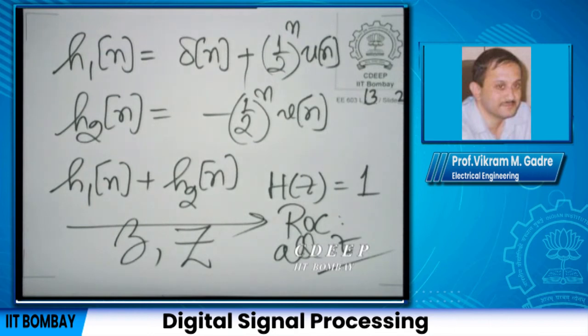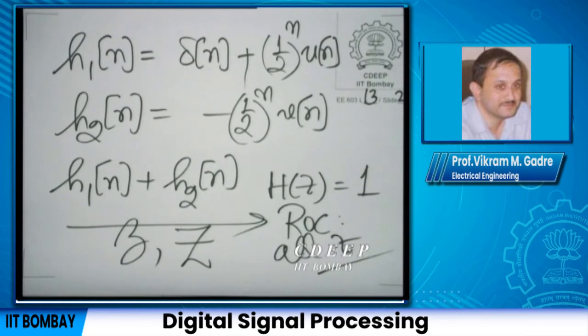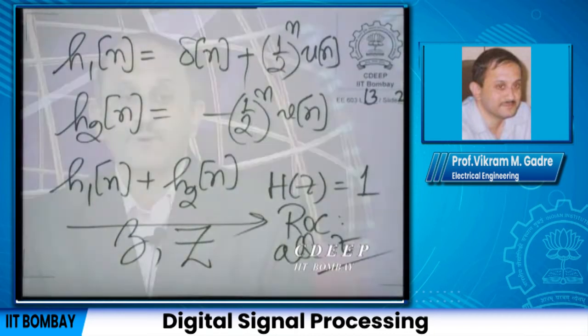On the other hand, the region of convergence of either h1 or h2 is mod z greater than half. So, here the intersection is mod z greater than half, but the region of convergence has expanded beyond the intersection because the trouble created by one sequence has been outdone by the other. Is that right?